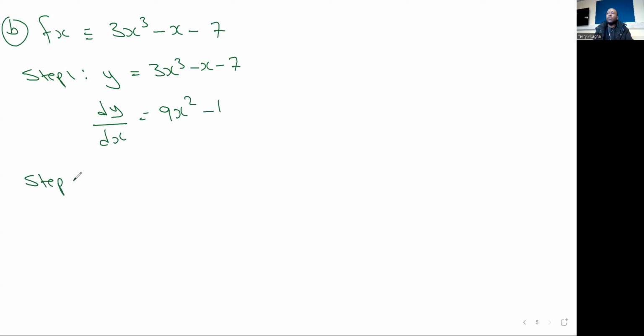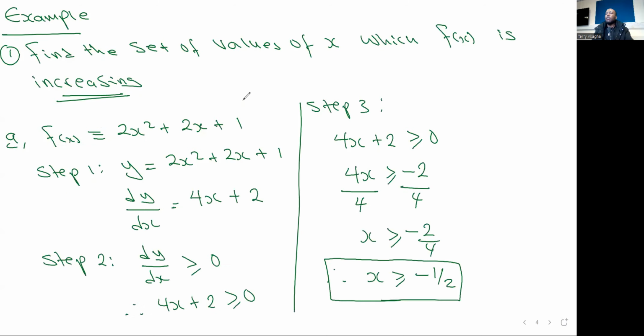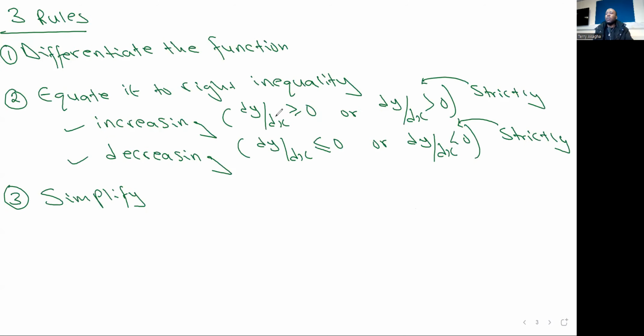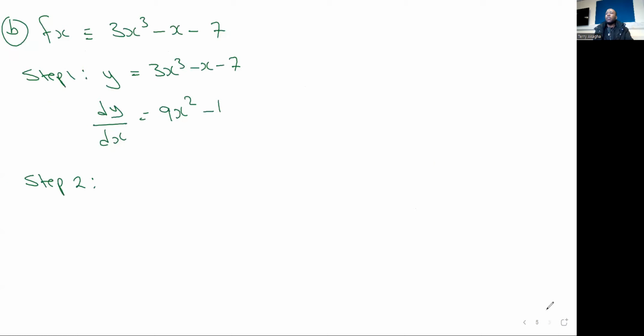Step two, we're told it's an increasing function, so dy over dx must be greater or equal to 0. That means 9x squared minus 1 is greater or equal to 0.